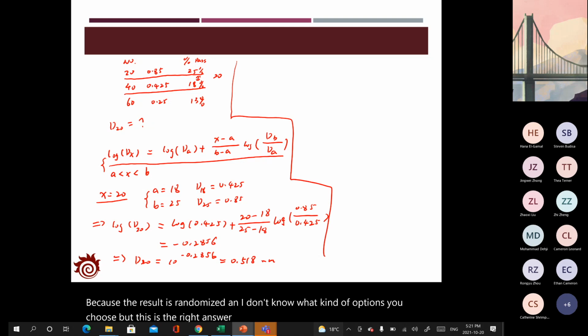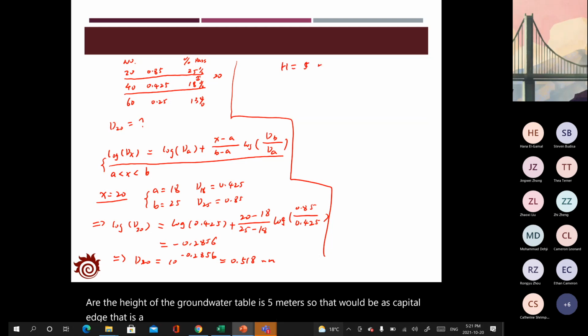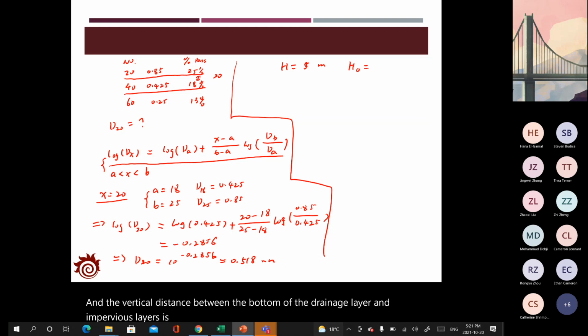For the second question, it's simpler. We know that the height of the groundwater table is 5 meters, so capital H is 5 meters. The vertical distance between the bottom of the drainage layer and the impervious layer is H0, which is 3.5 meters. We want to find the distance influenced by the groundwater, which means we want to find the value of Li.